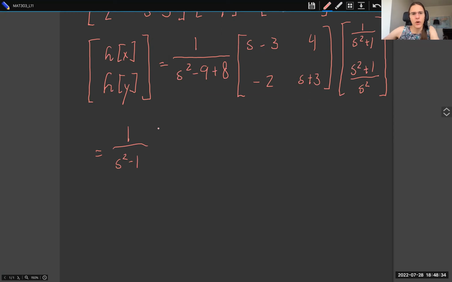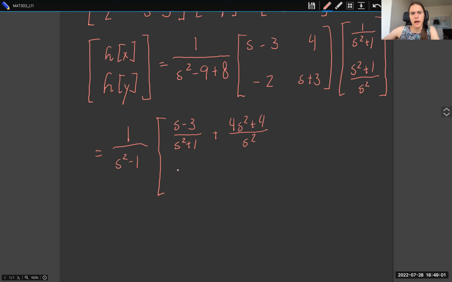And then what we're going to get is s minus 3 over s squared plus 1. Then we're going to get plus 4s squared plus 4 over s squared.